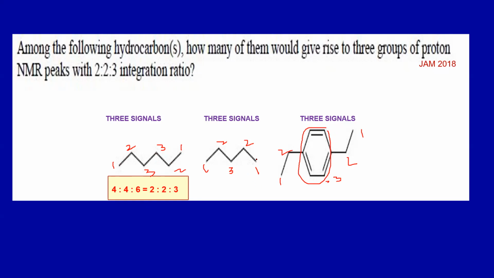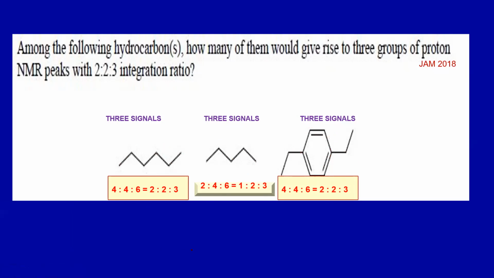This will come out as 3 plus 3, 6 hydrogens, then 4 hydrogens, then 2 hydrogens. 2, 4, 6, 1:2:3. This will be equal to 6, 2 plus 2, 4 hydrogens, 2 plus 2, 4 hydrogens. So this will give again 2:2:3. Naturally, the first and third compounds will give you the desired ratio. All will give 3 signals only, but the proton ratio is different.